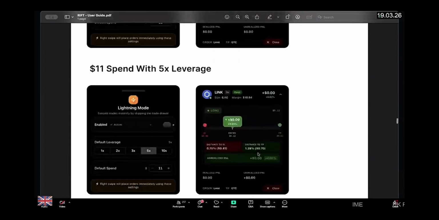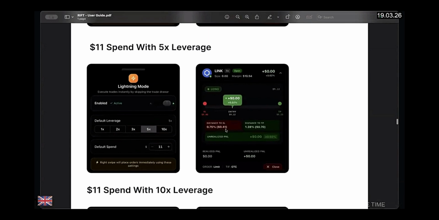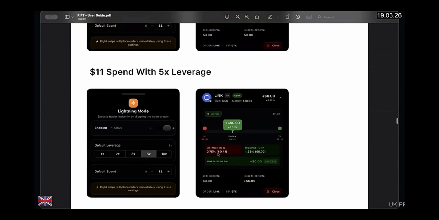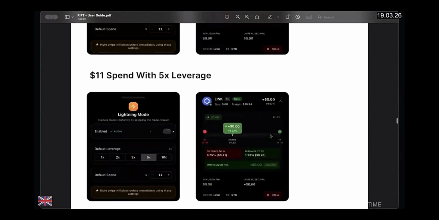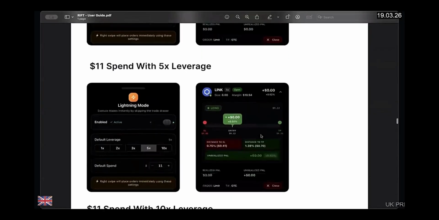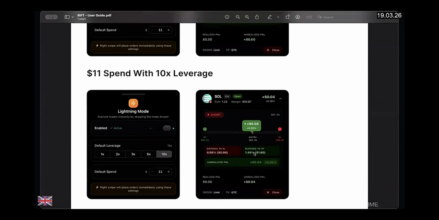Very simple. Then on 5x leverage, the distance to stop loss is same as 3x, but the profit has increased from 58 cents to 70 cents. So this is the advantage of using the leverage with your ticket order that you want to place.